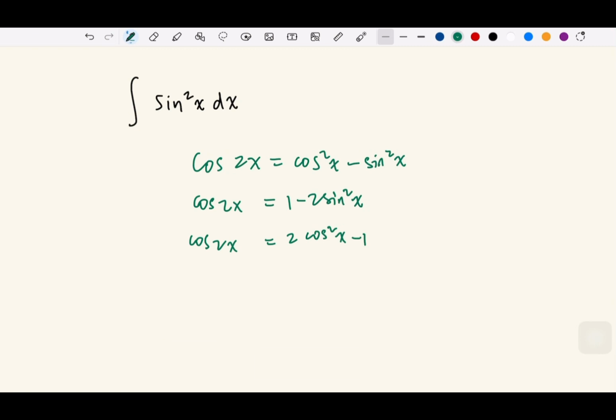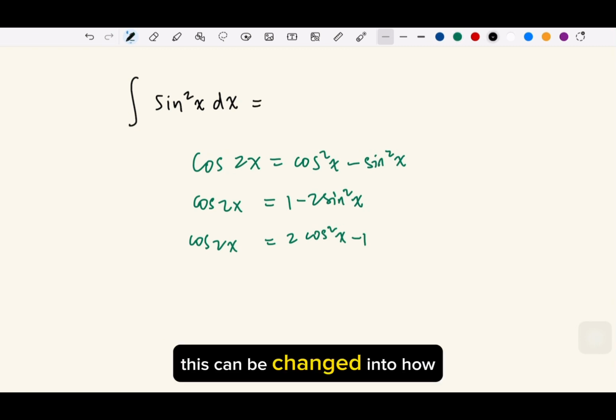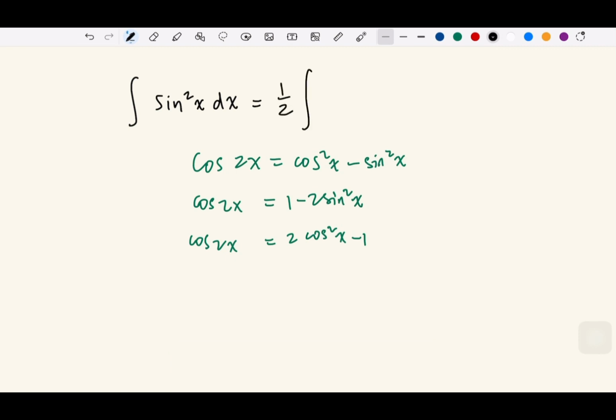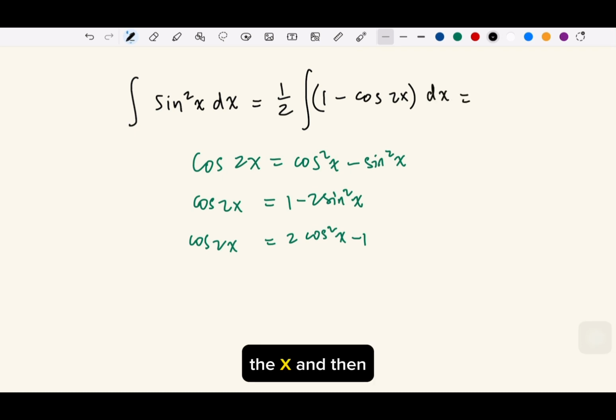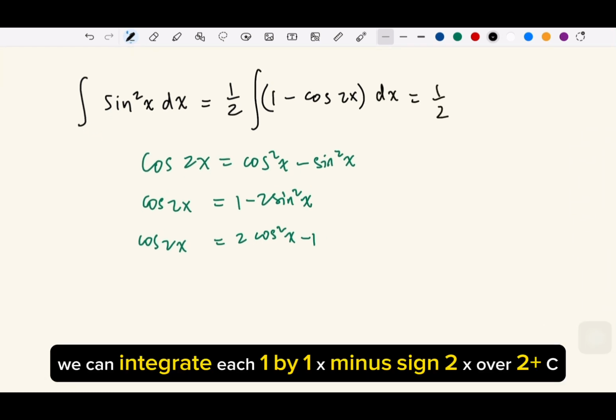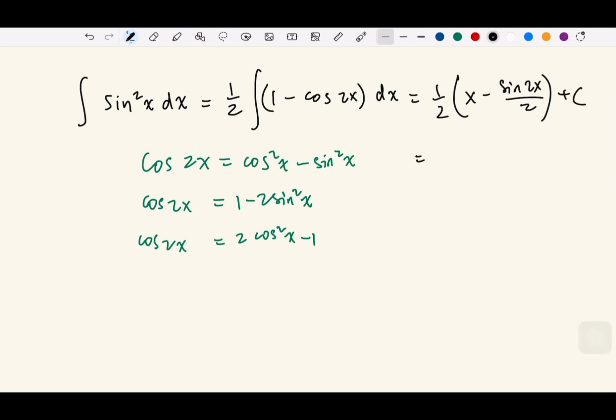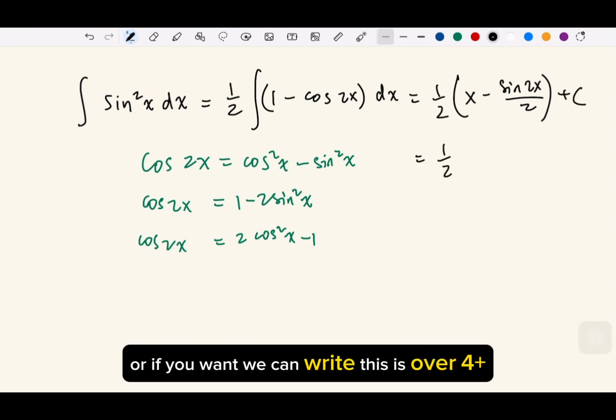So basically, this can be changed into half of 1 minus cosine 2x dx. And then we can integrate each one: x minus sine 2x over 2, plus c. Or if you want, we can write this over 4 plus c.